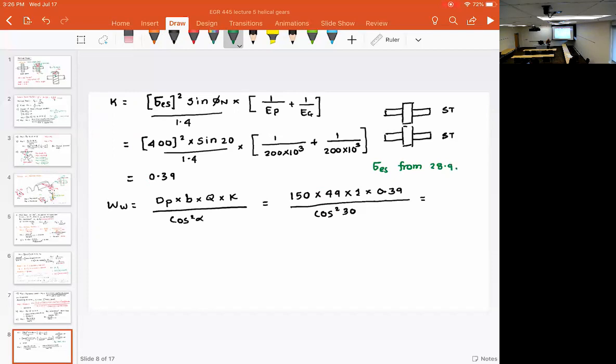I looked at a Brinell hardness number of 240, about between 150 and 200. If you really want to be specific, there is a formula: sigma ES is equal to 2.8 multiplied by BHN minus 70.